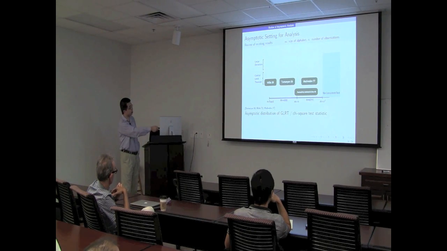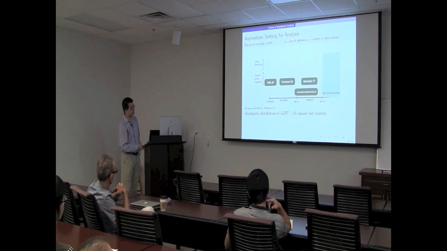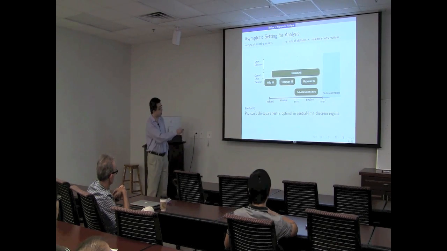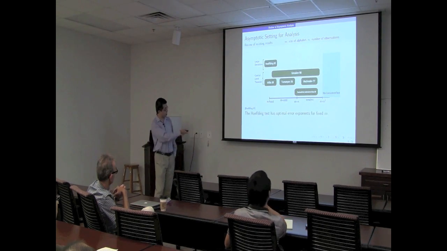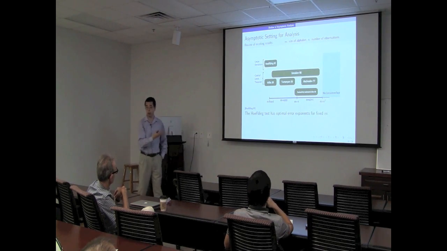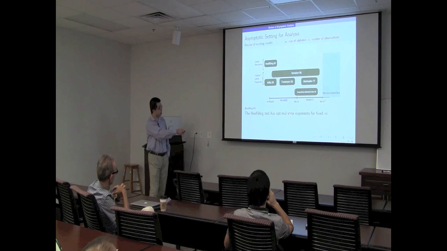The same analysis can be done for sublinear growth or above linear growth. And one interesting result by Ermakov in 1908 is that he can show that the chi-square test is optimal in the central limit theorem analysis. And the Hoeffding test, as I told before, works on fixed m, where you look at the exponent, and we know that the exponent doesn't give a good picture of what's actually happening with large m.